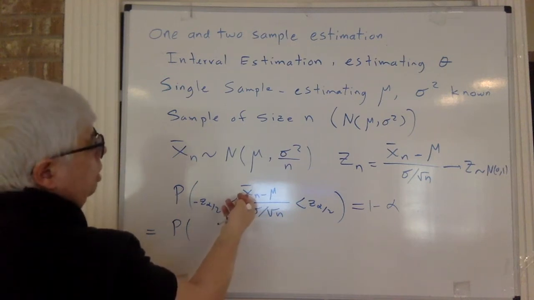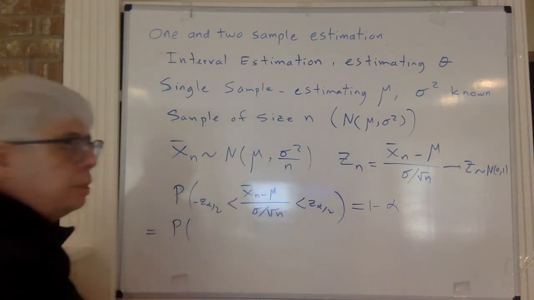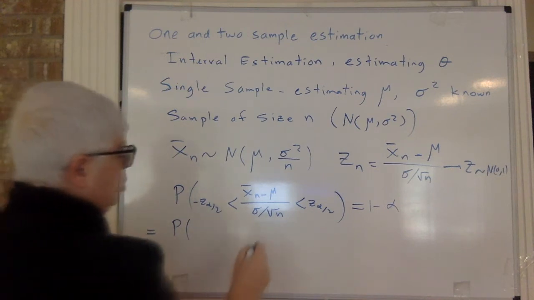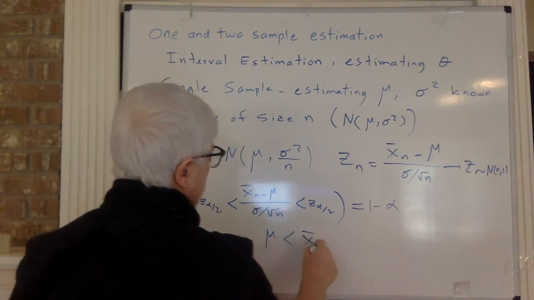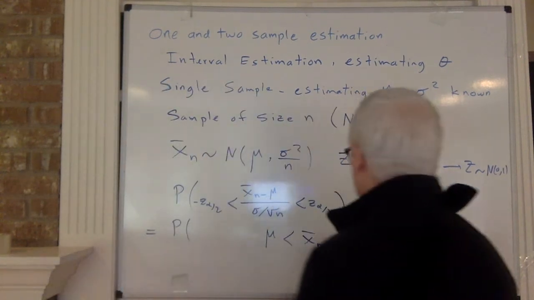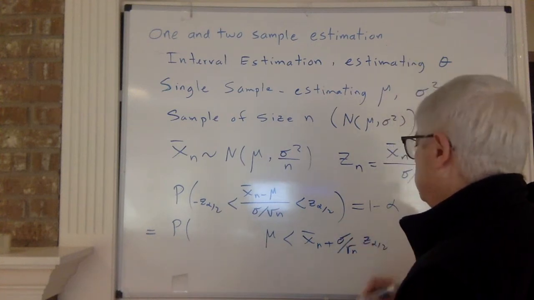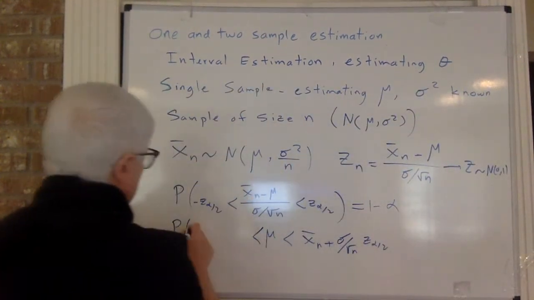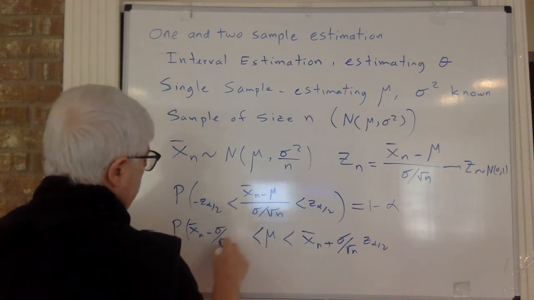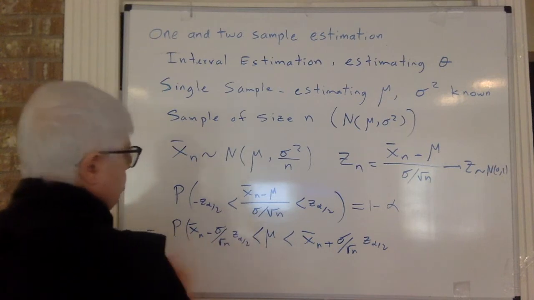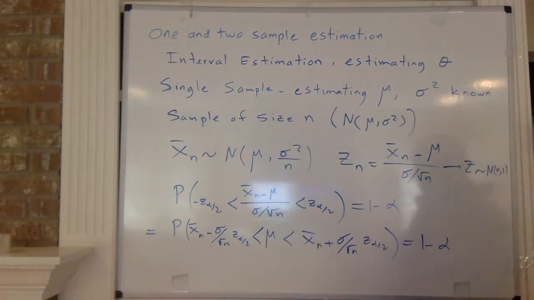It's like subtracting X̄n from each side and then reversing the sign, because then that's minus μ. So μ will be in the middle, and on this side I have X̄n minus sigma over square root of n times z alpha over 2, and on this side I have X̄n plus sigma over square root of n times z alpha over 2, and this equals 1 minus alpha.